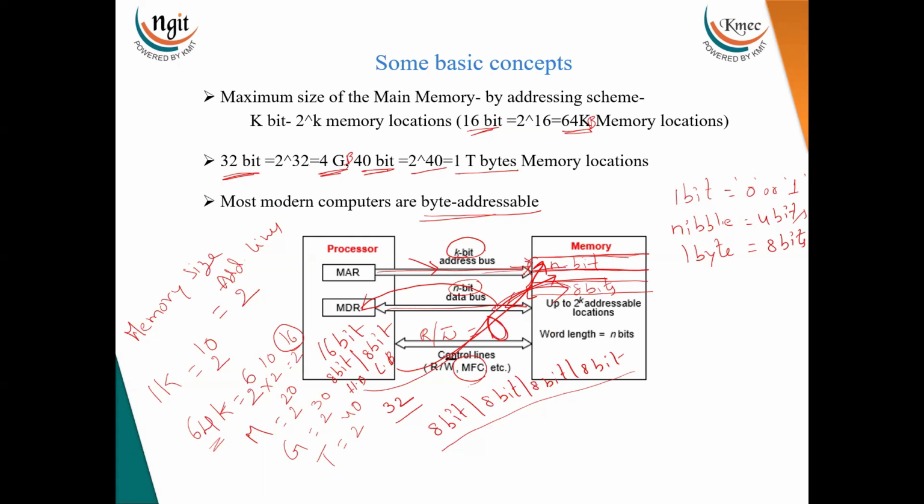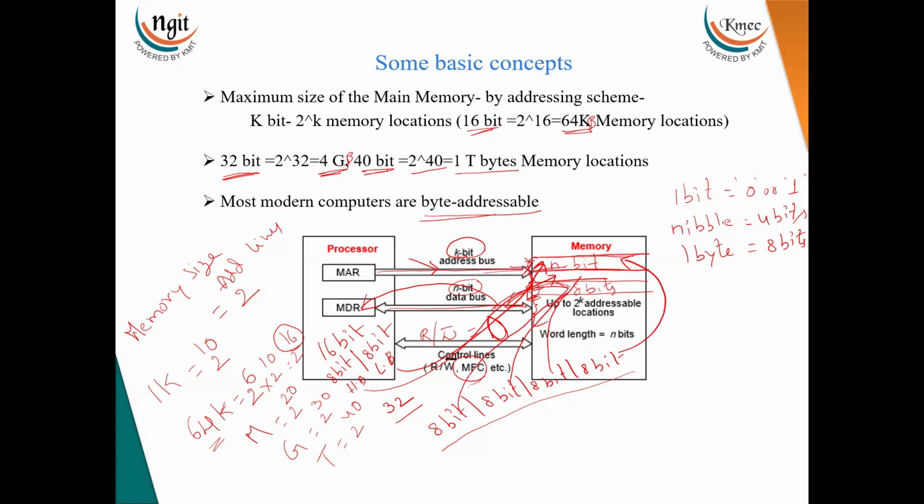After initiating the starting location, the lower byte will be stored into this location, and the address will be incremented. The next 8 bits will be stored, the address incremented, the next 8 bits stored, the address incremented, and the last higher-order 8 bits stored.